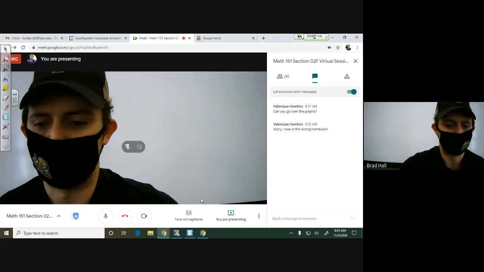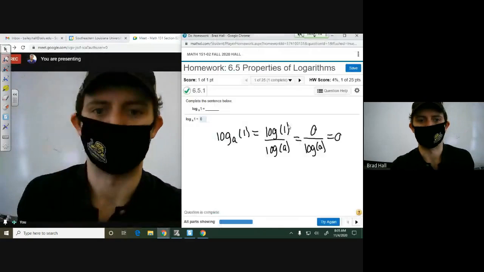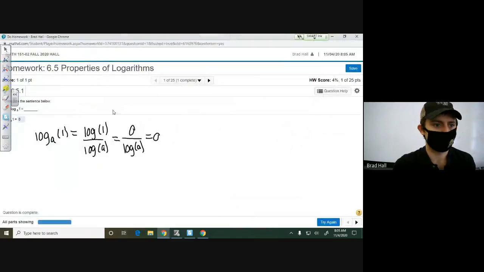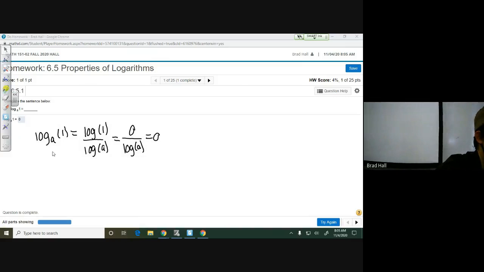So what I'm emphasizing here is this way of rewriting a problem from this form to this form right here, the calculator-friendly form. This is going to be really helpful.